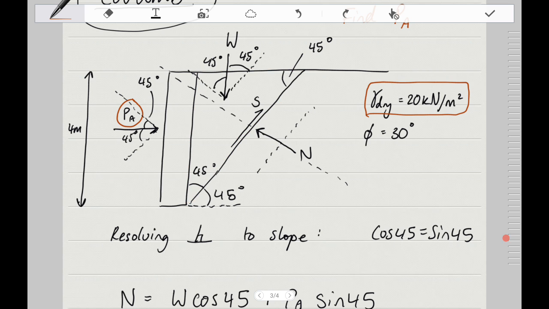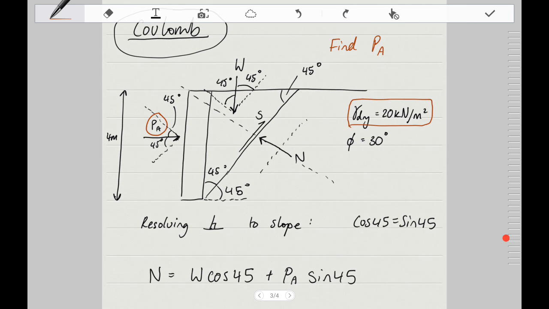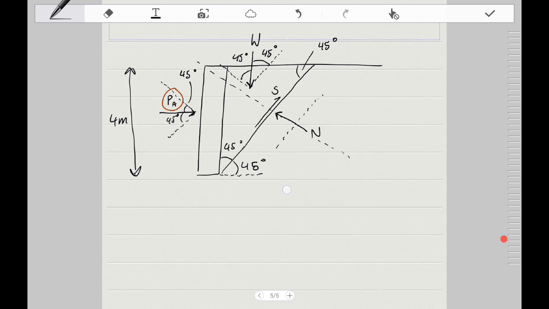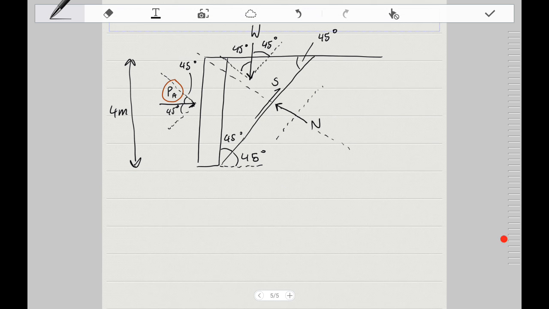Now you might want to know how to derive that. So I'm going to copy this triangle over. Alright, I've copied it over. We need to work out the area of that triangle.